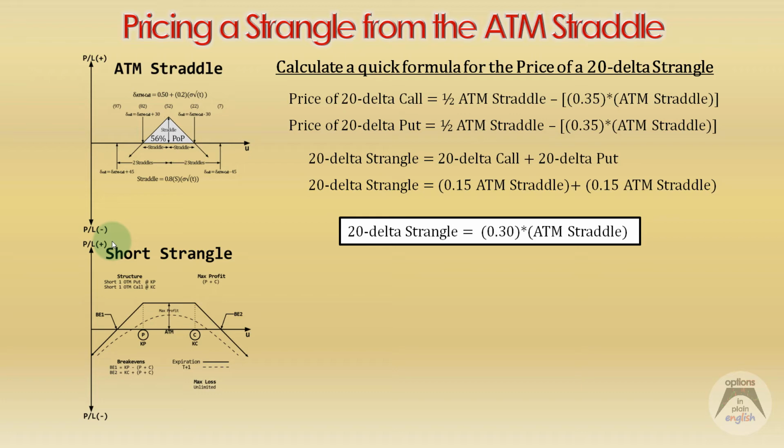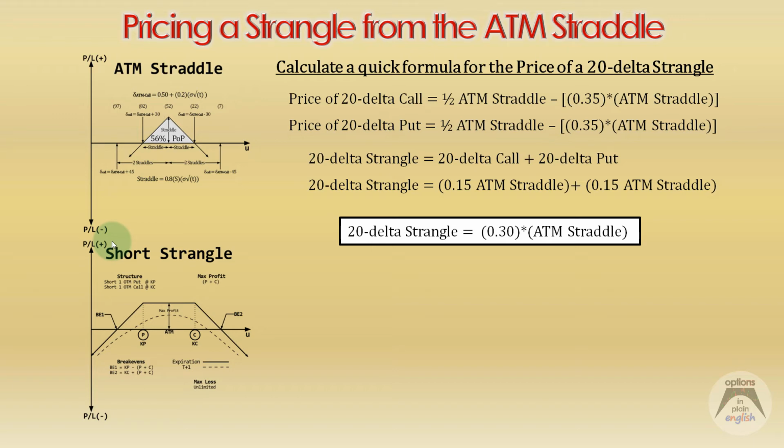So if a strangle is not going to give me, for example, $2 to begin with, so the initial credit, if it's not $2, then I don't see a point putting it on because of commissions and other transaction fees and our actual trading strategy. Because of this, it's going to be very useful to know that the 20 delta strangle is equal to 30% of the at the money straddle.